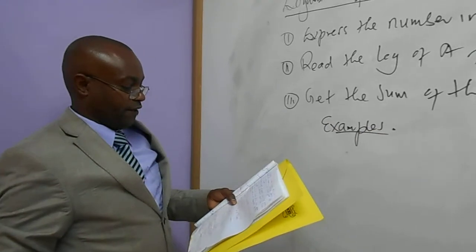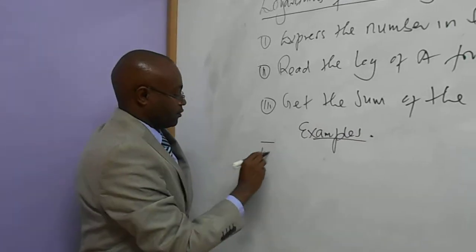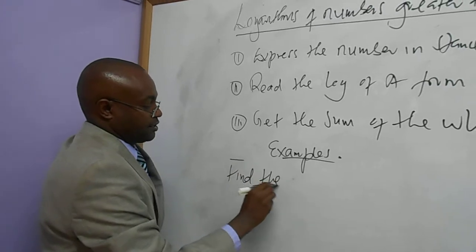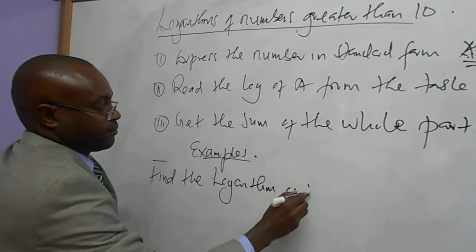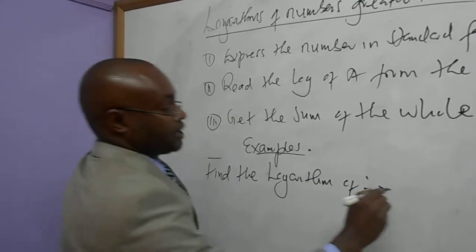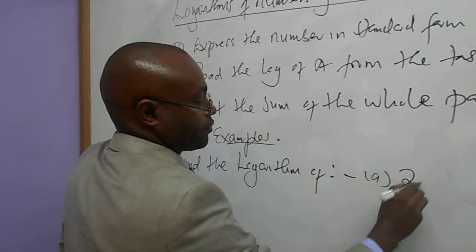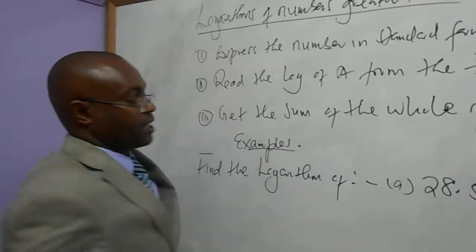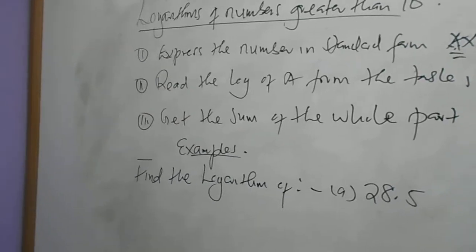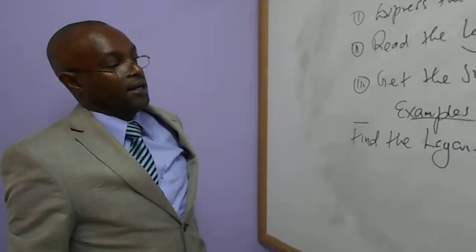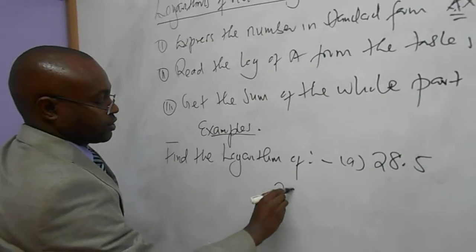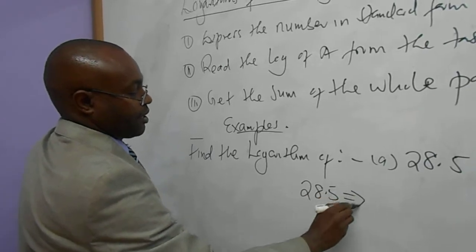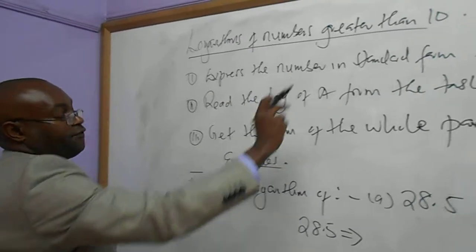We are told find the logarithm of 28.5. As you can see, 28.5 is a number greater than 10. So the first thing, take 28.5 and express it in standard form.